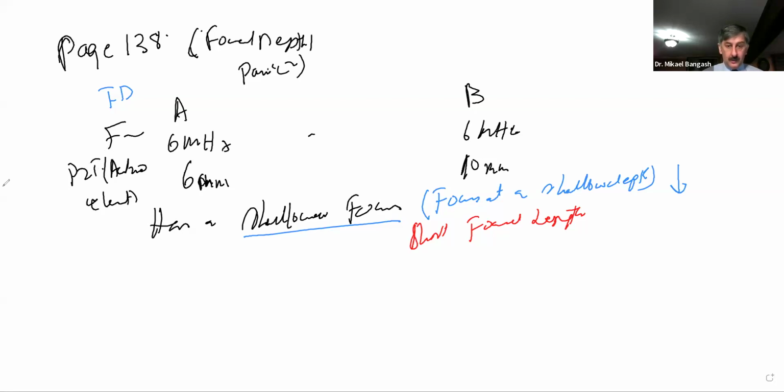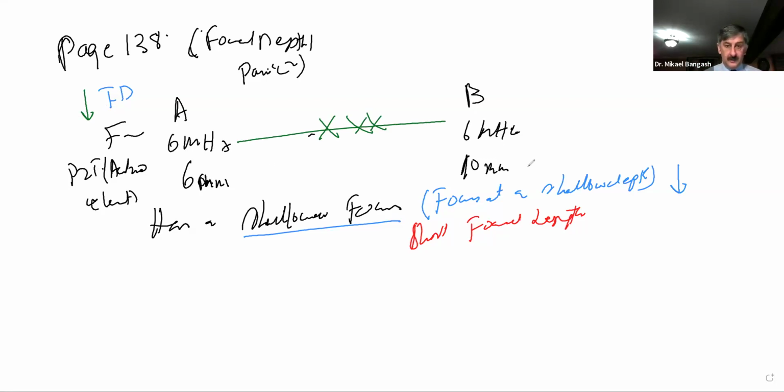And what we are looking for is the shortest. Since the frequencies are the same, that's not going to affect your focal depth, because had it been for the frequencies alone, both of them would have had the same focal depth. But the other factor is the diameter of the PZT, which also was directly proportional.